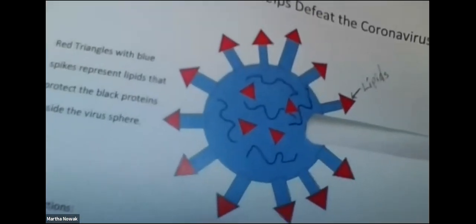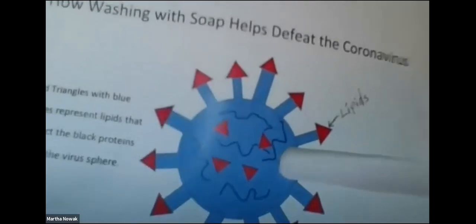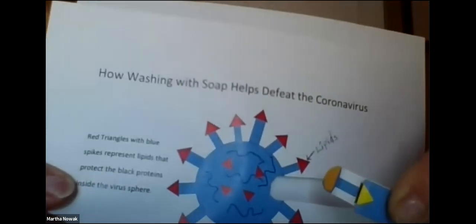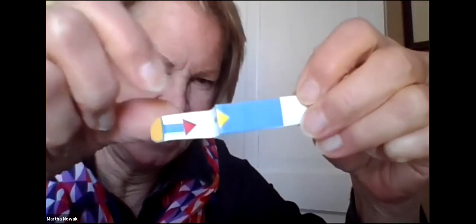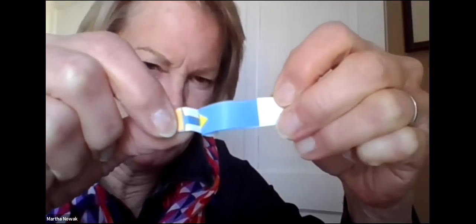And I do that by cutting out this part right here, and I folded it. So you can see where this was straight, and then I folded it, showing the red part grabbing the other part.